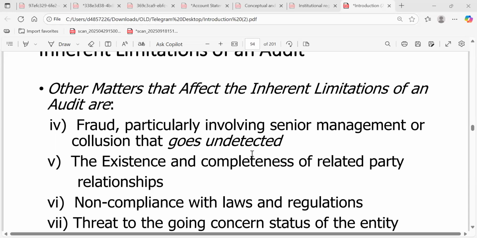And the reason why related parties are very important in auditing is that most often transactions that involve related parties are not carried out at an arm's length way. That is to say, they are carried out on more favorable terms.